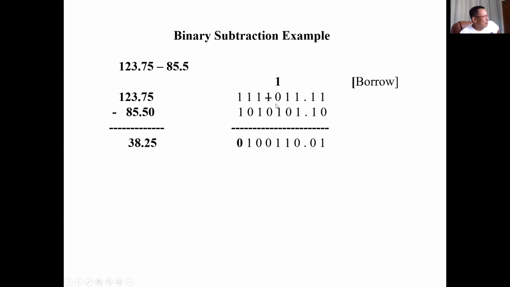So 0 minus 1, in short, is a 1, borrow 1 from the next. So this became now a 0. So if you translate this, this is 38.25 because 0.01 is 1/4, right? And then this is a 2, 4, 8, 16, 32. So 32 plus 6 is 38. So this is 38.25. That's the same thing that you get if you do this by decimal.